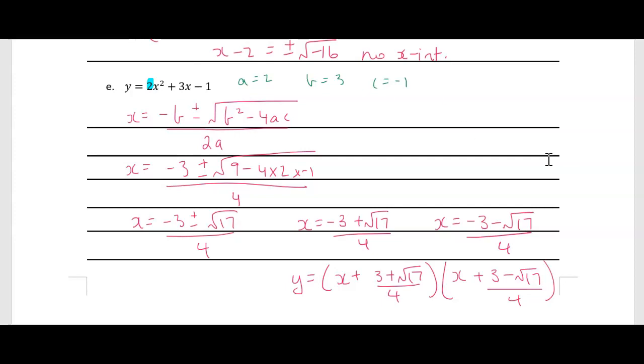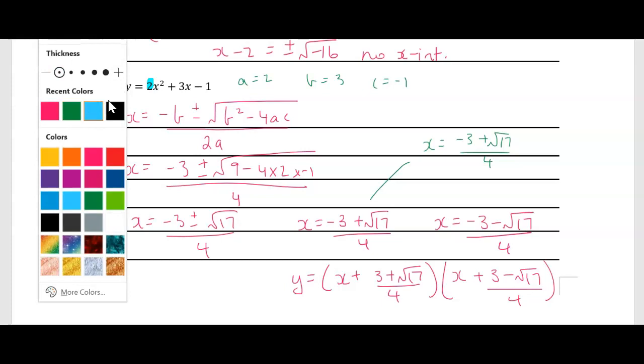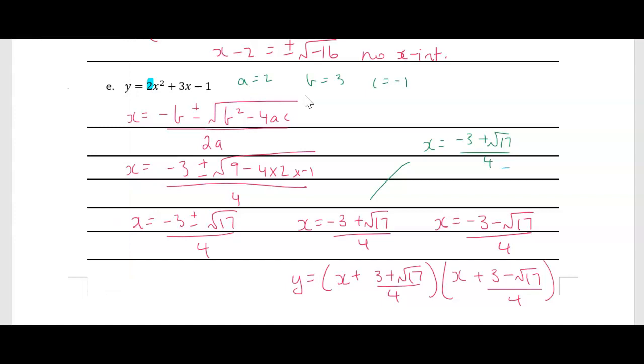So this might be a good example of using your quadratic formula. You can use your quadratic formula for anything. Just remember when you're substituting. What we found here is your x-intercepts. If x is equal to, and I'll just do one of them, and we let the right side equal 0, we're adding 3 plus root 17 on 4 to both sides.